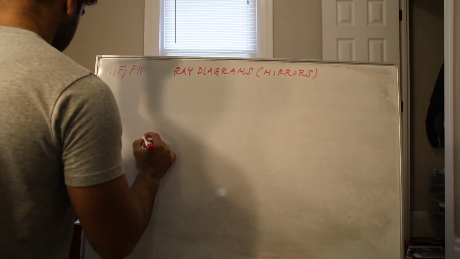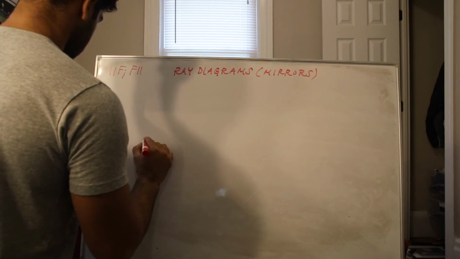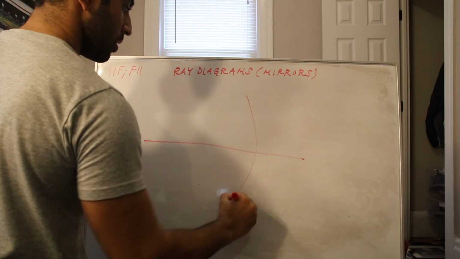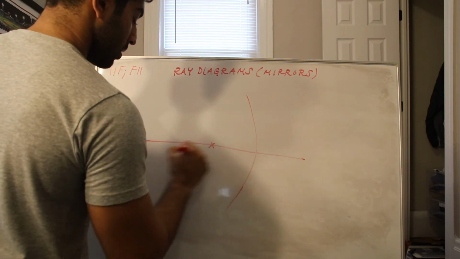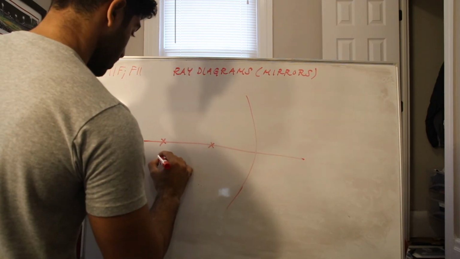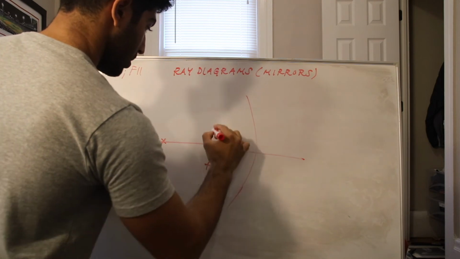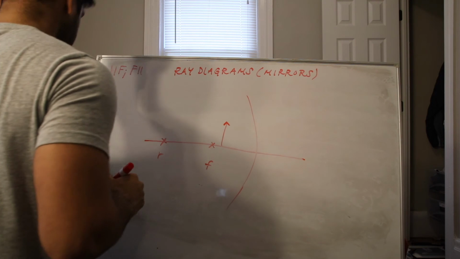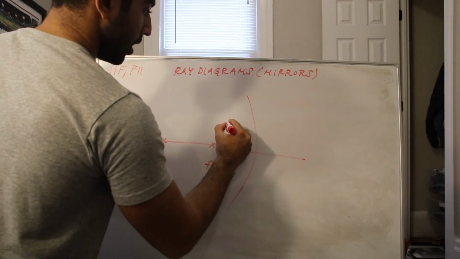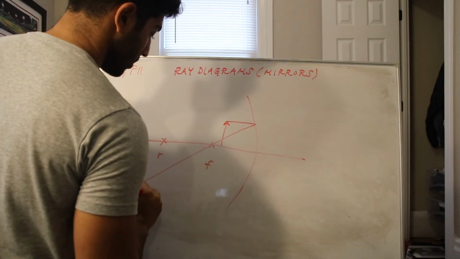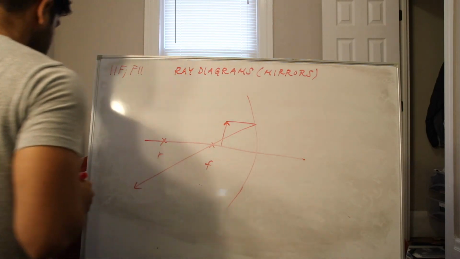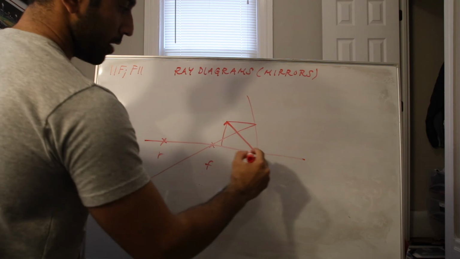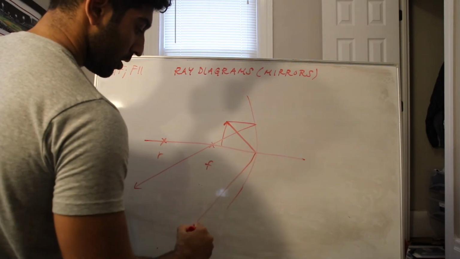Let's say we have an object less than F. We have F parallel, and then we have go through the center, and we have a different angle right here.